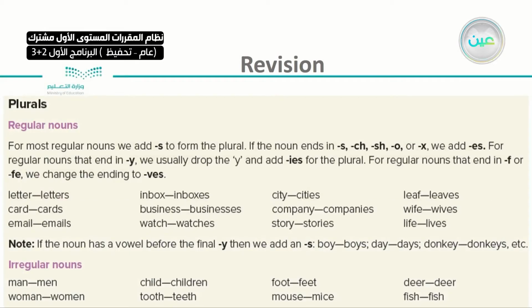Moving on to the plurals. We took two kinds of plurals, the regular nouns and the irregular nouns. And remember that the first one, we add s or we add es. When do we add es? If the noun ends with s, ch, sh, o, or x.